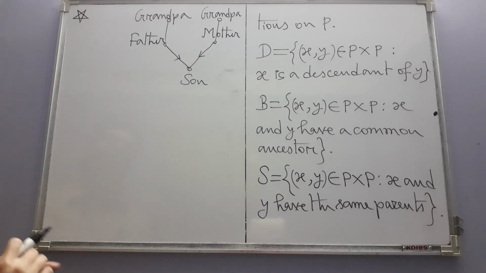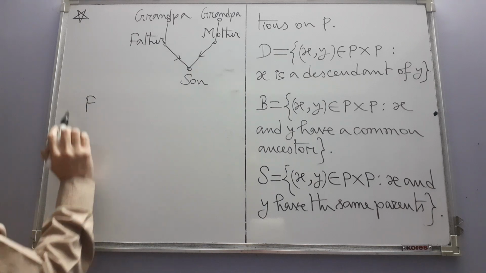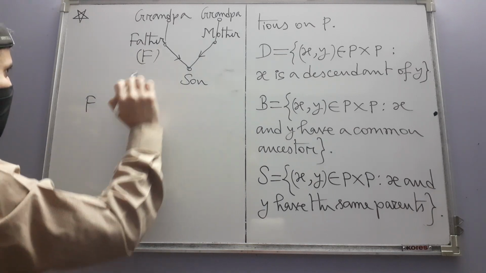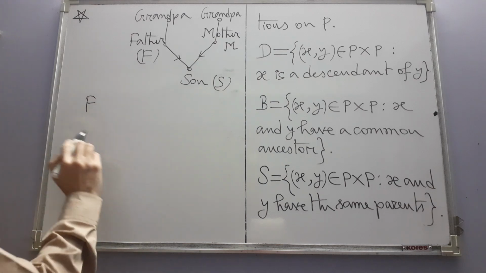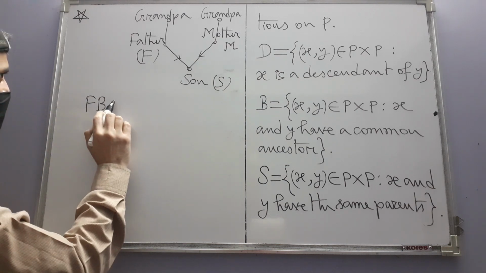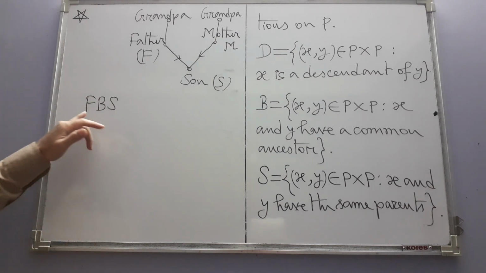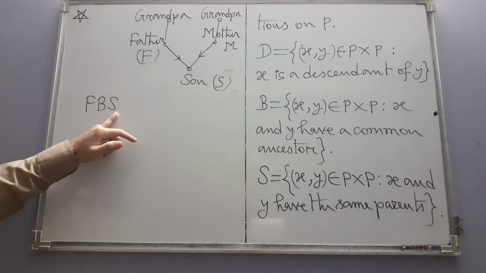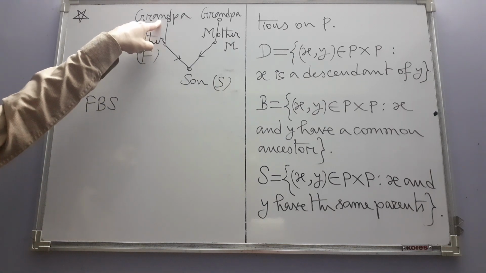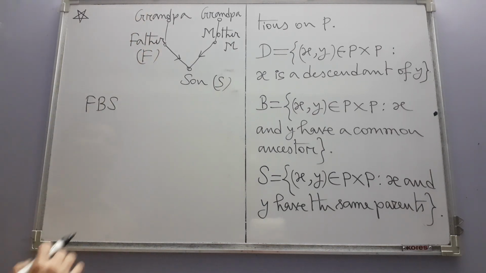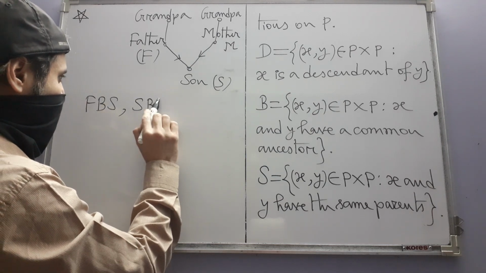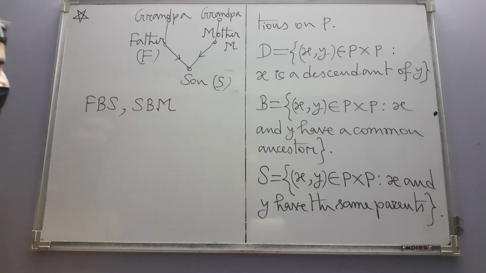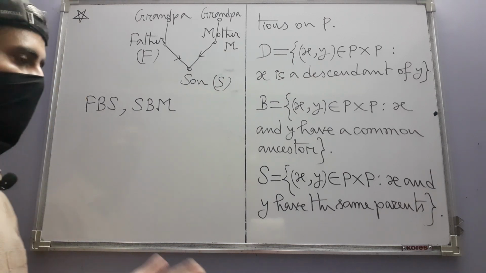Let me call the father F, the son S, and the mother M. F B S, because father and son have a common ancestor, grandpa. Also S B M: son and mother also have a common ancestor, the maternal grandfather.